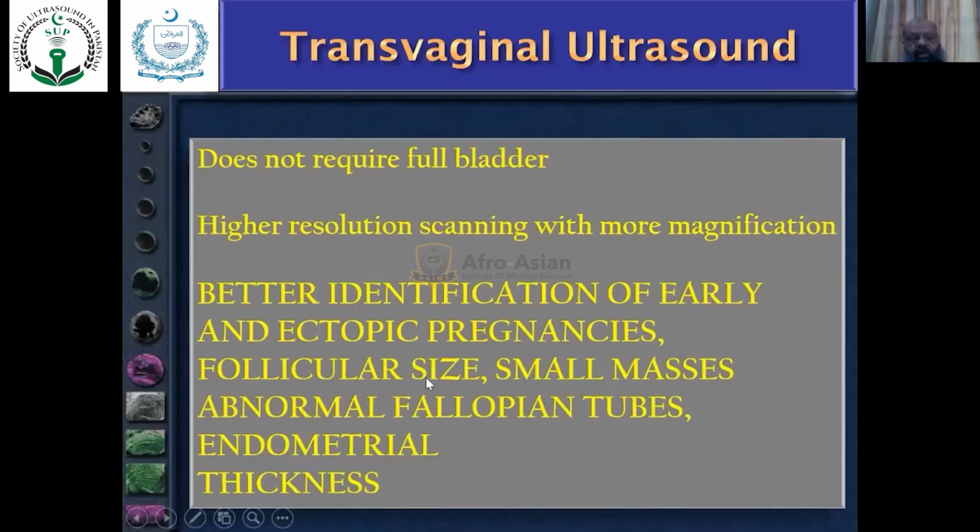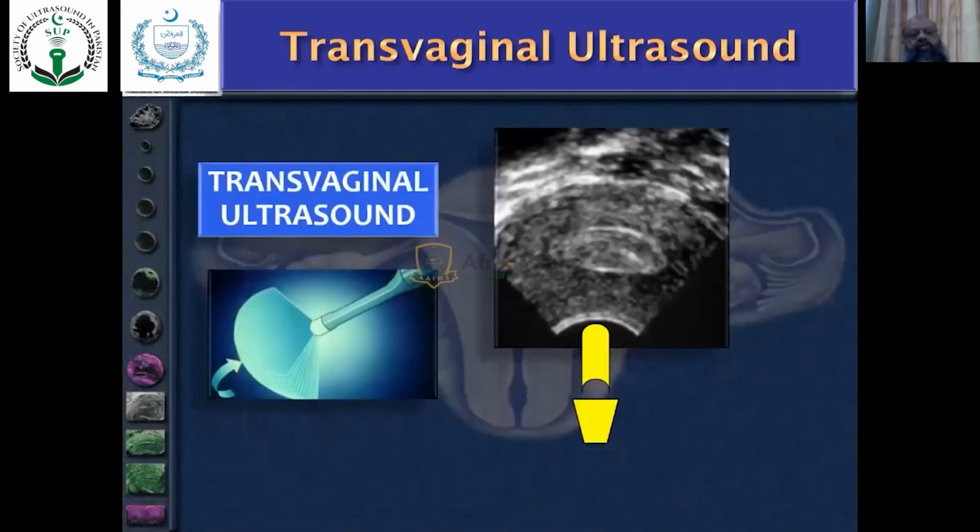We can assess the follicular size, small masses, abnormal fallopian tubes, and endometrial thickness can be measured more accurately as compared to the measurements which we perform using the transabdominal ultrasound approach.